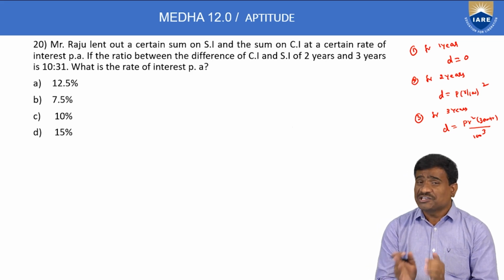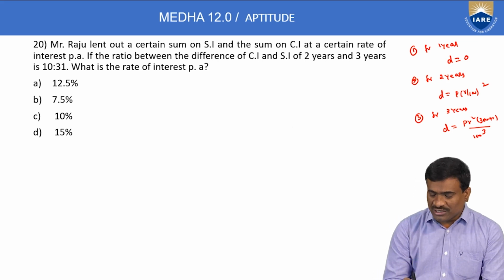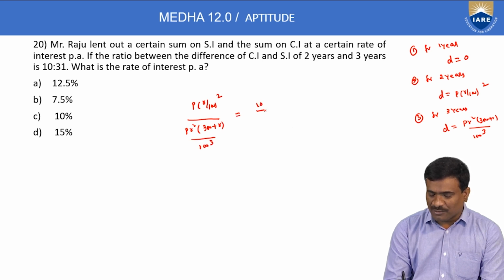But here the ratio numerator is the 2 years formula, P into (R by 100) whole square, divided by the 3 years formula, P into R square by 300 plus (R by 100) cube, is equal to 10 by 31.